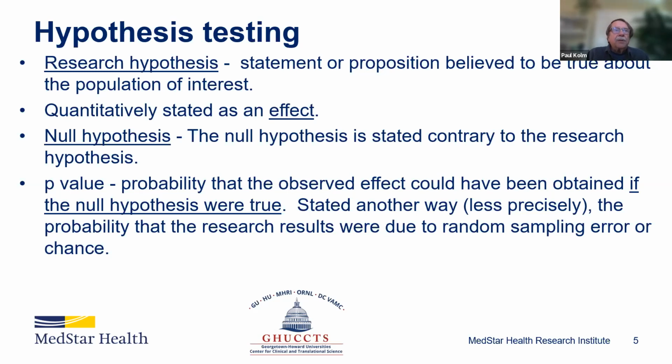The null hypothesis then is stated contrary to the research hypothesis. That is, it's the hypothesis that there is no difference. And the p-value that we get is the probability that the observed effect could have been obtained if the null hypothesis were true. Or we can say that it's the probability that the research results were due to random sampling error or chance.